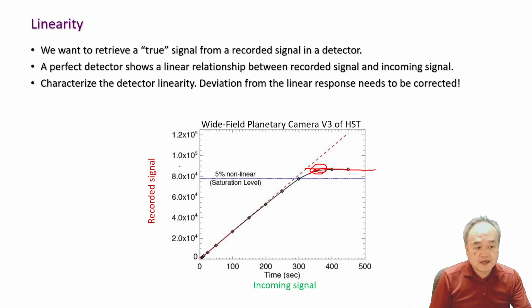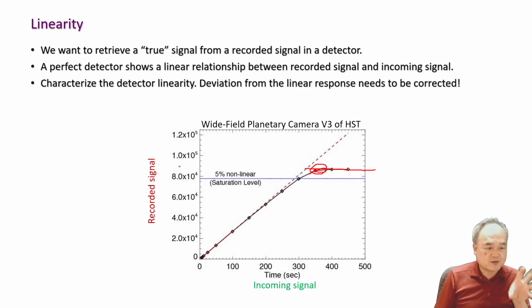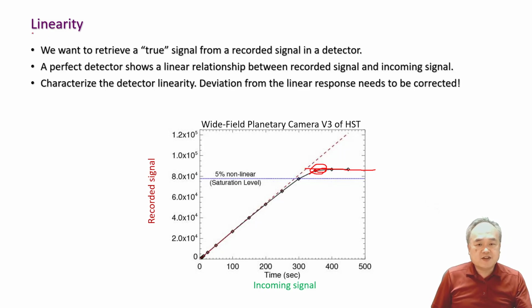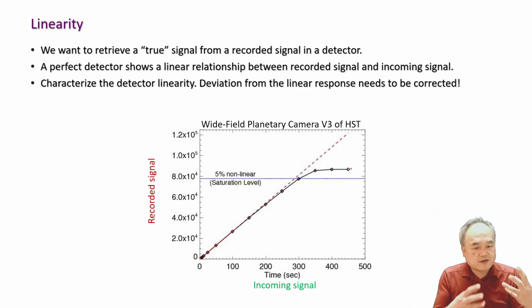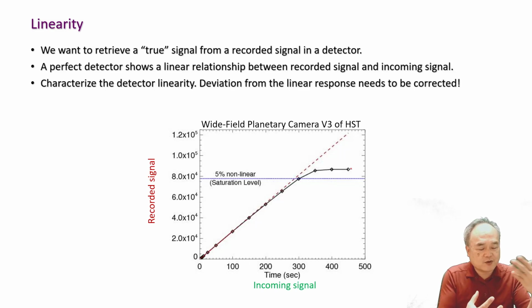Also, the recorded number of electrons is subject to Poisson counting noise as well. So linearity is an important term, and this particular linearity curve is for the camera on board the Hubble Space Telescope.